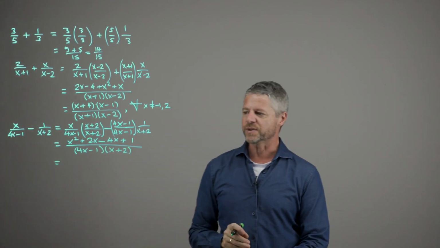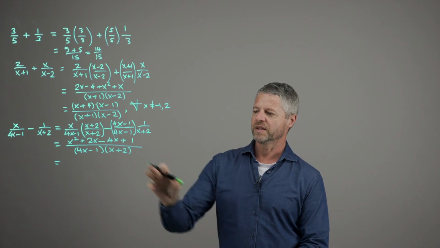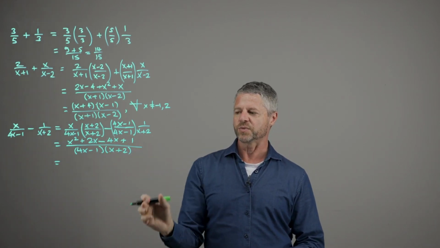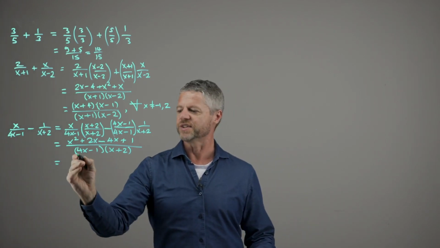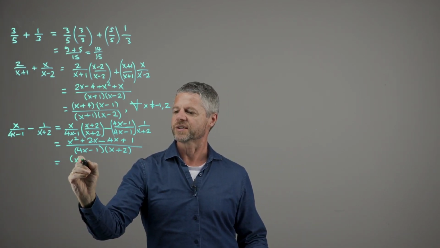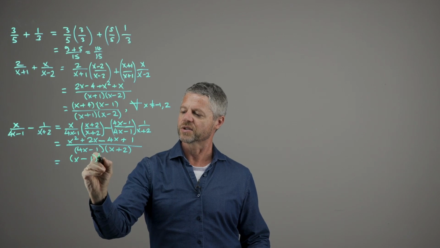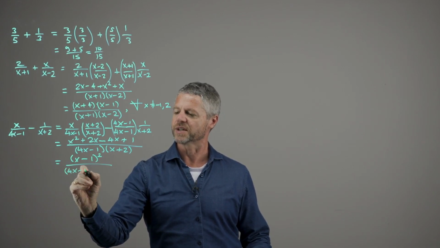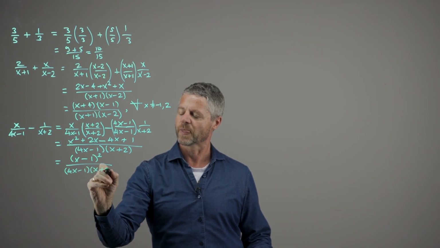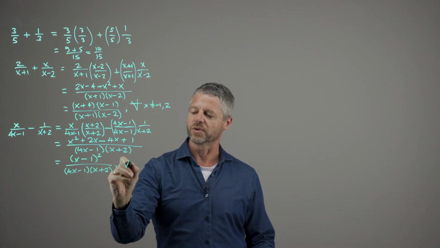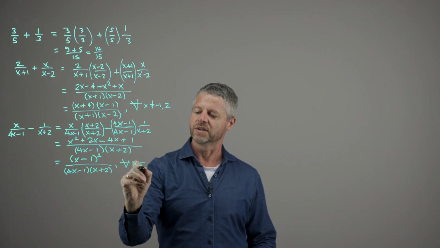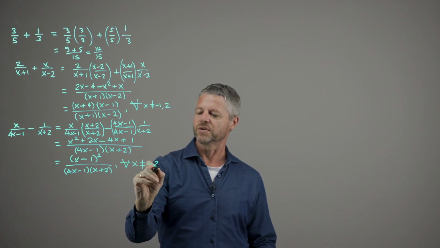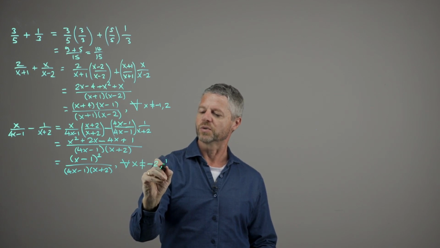So in the numerator, we've got x squared, minus 2x, plus 1, and that factors into (x minus 1) squared, and in the denominator (4x minus 1)(x plus 2). And that's valid for all x not equal to minus 2 or 1/4.